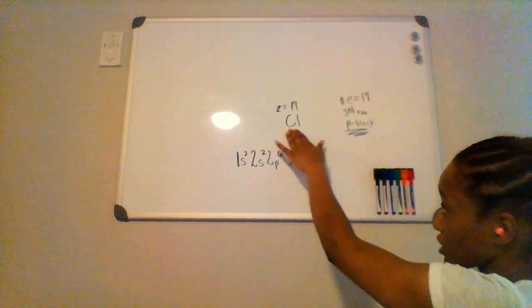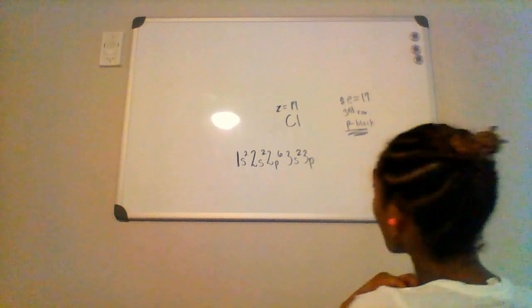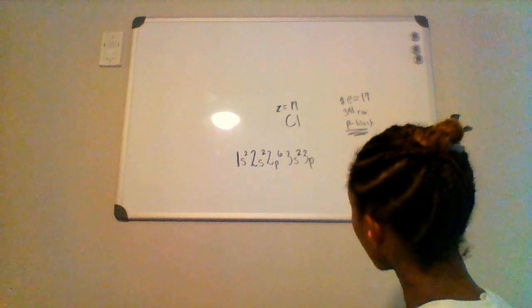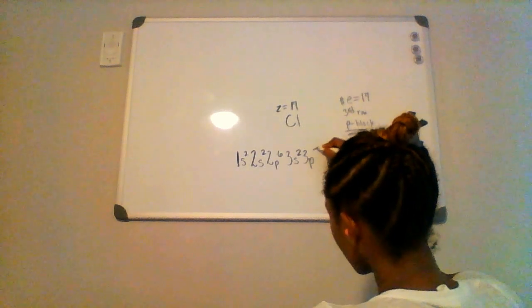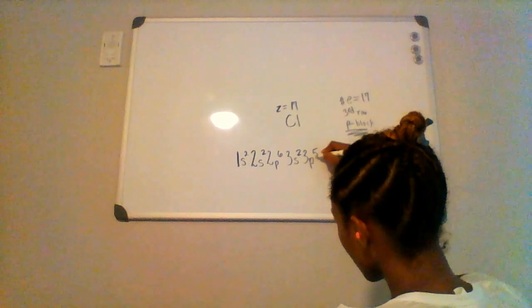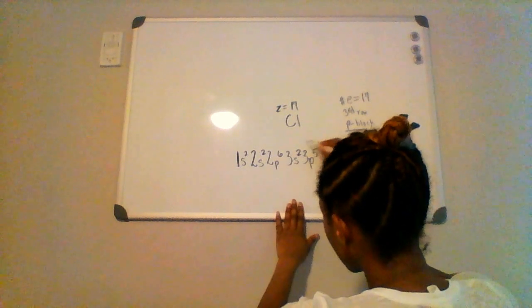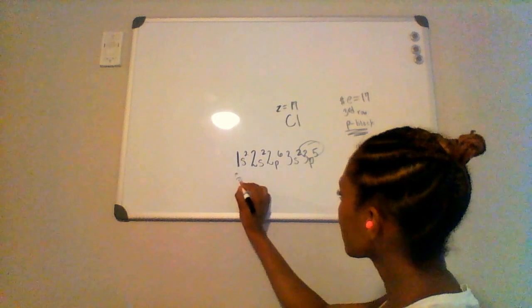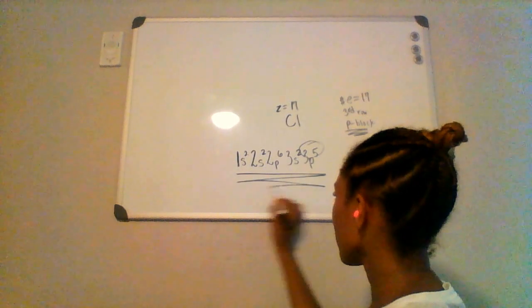Chlorine is also a halogen. It's found in column 7 of the periodic table. It's going to have a valence electron number of 7. So 3p5 is the answer. And this is the electron configuration for chlorine.